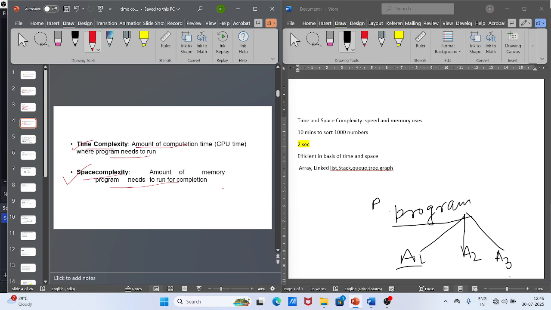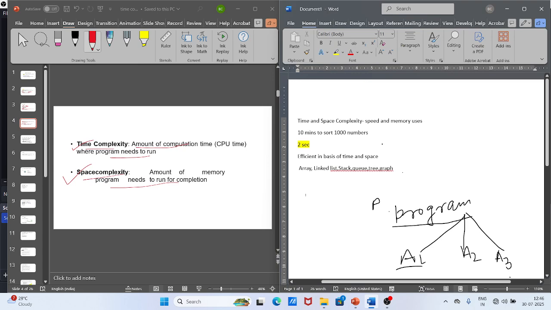So good programs must balance both time and space.